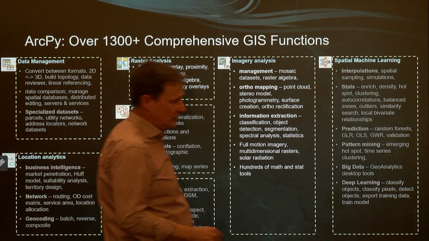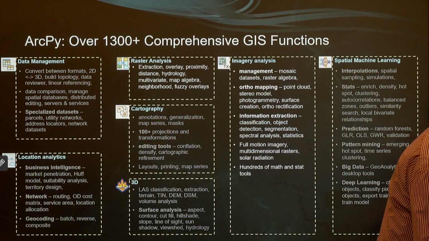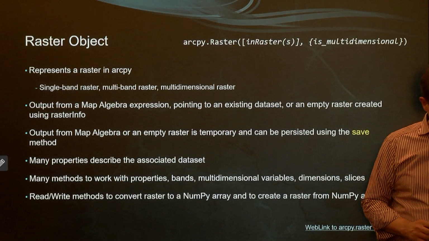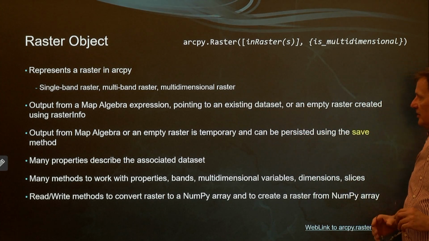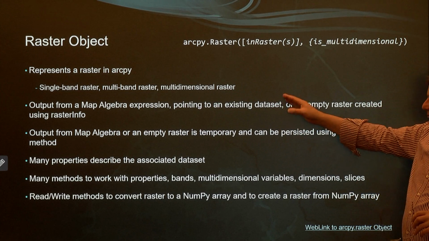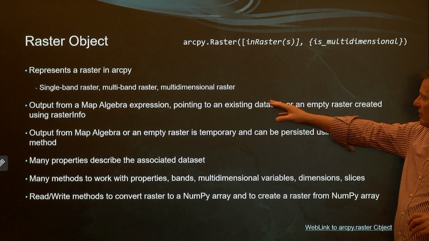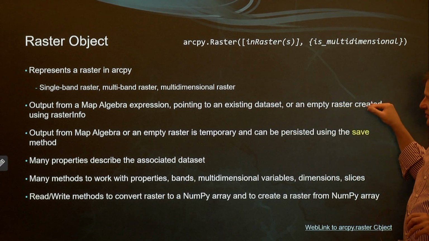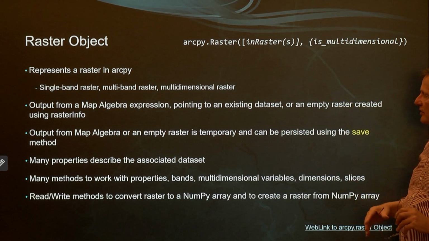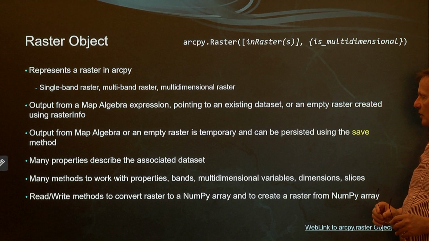And as you can see, there are really many. All modalities of imagery, coming either from the raw data or as output of other functions, you just interpret as a raster object and continue working with them.